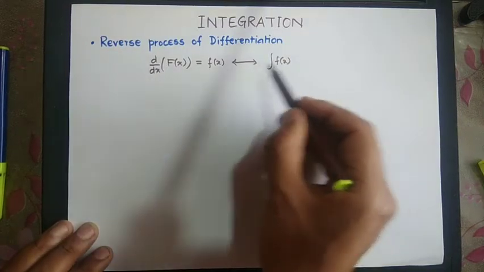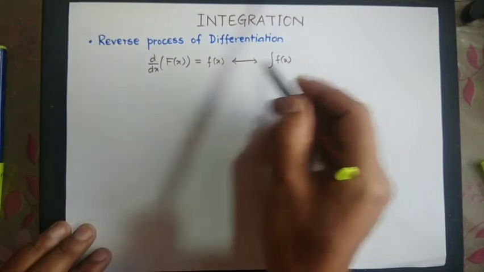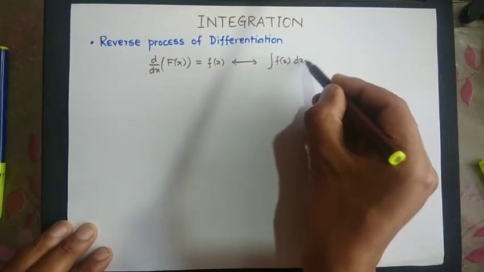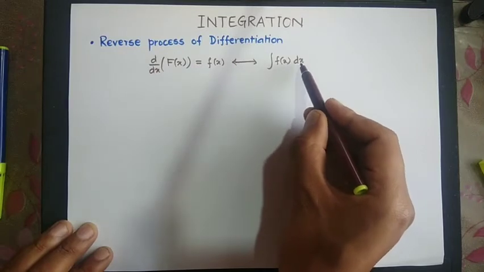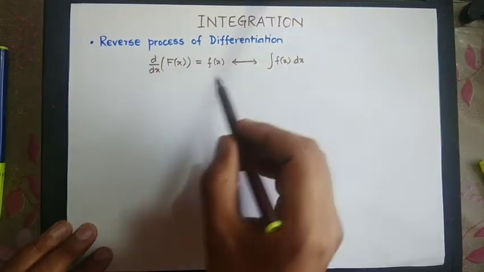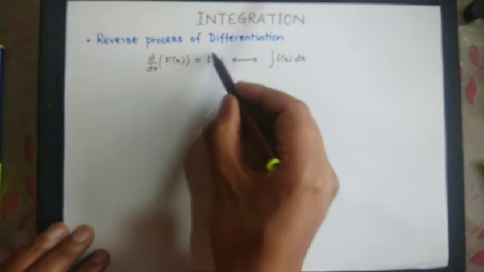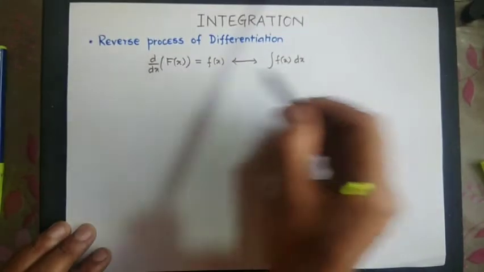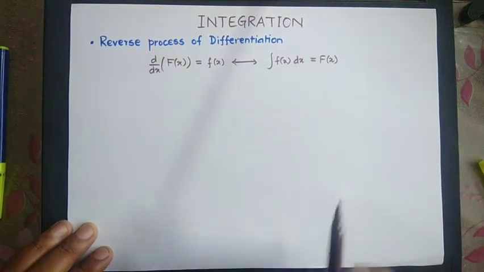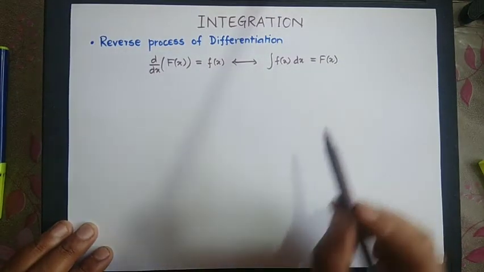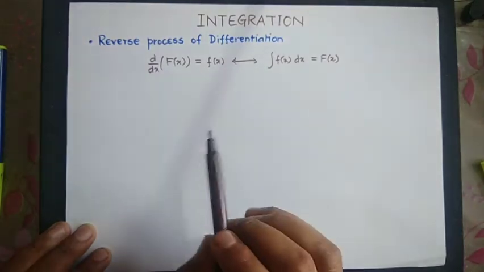But in the case of integration, you'll write dx at the end. This means the integral of f(x) with respect to x. When you integrate this function, you have to get this capital F(x). So whenever you integrate, you'll get the same function back.